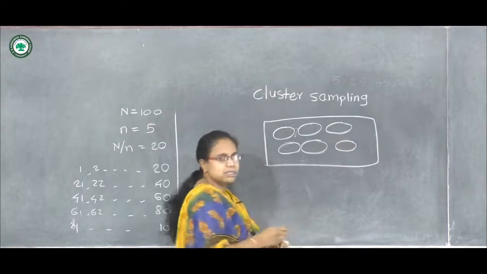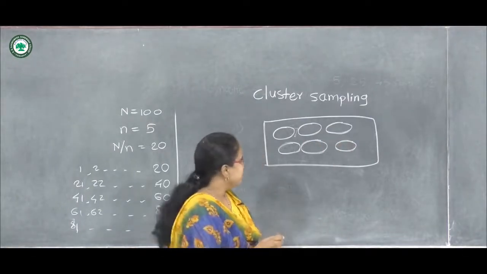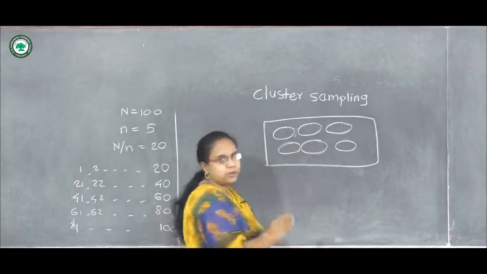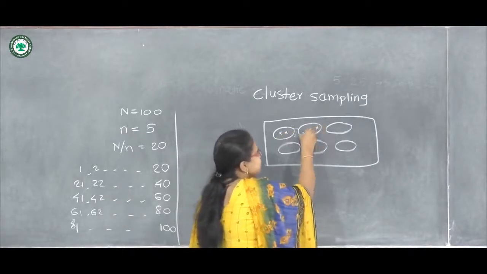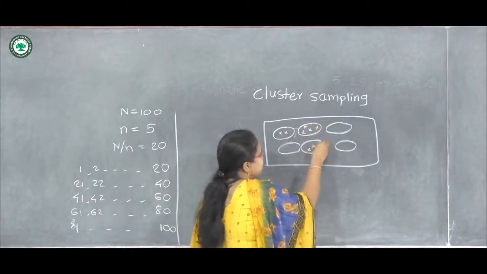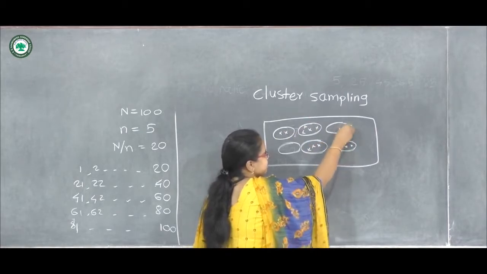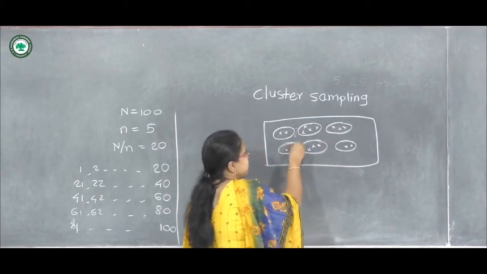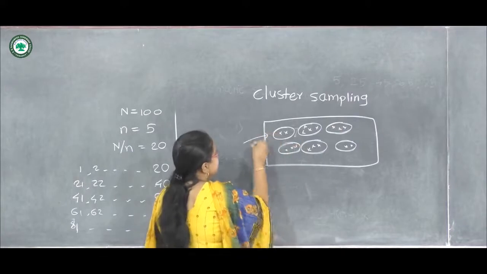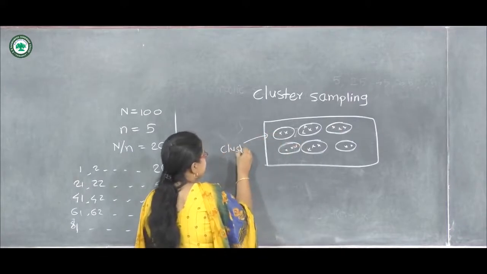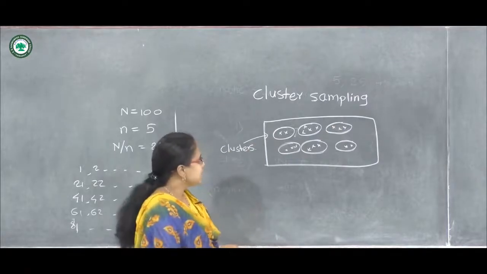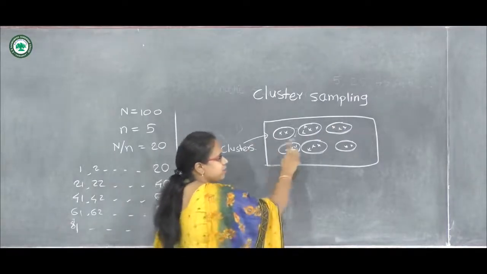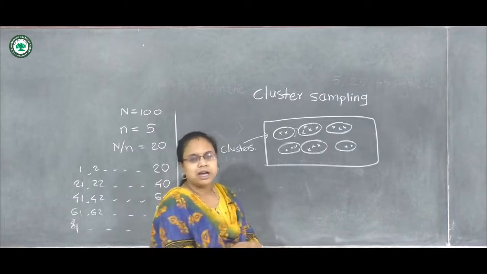These are groups of observations which are homogeneous with each other, but within the cluster the units are heterogeneous. So these are clusters, and we can select any number of clusters in our sample.